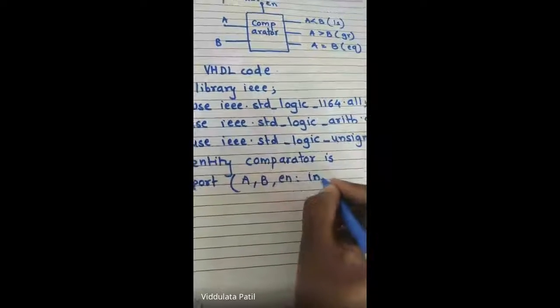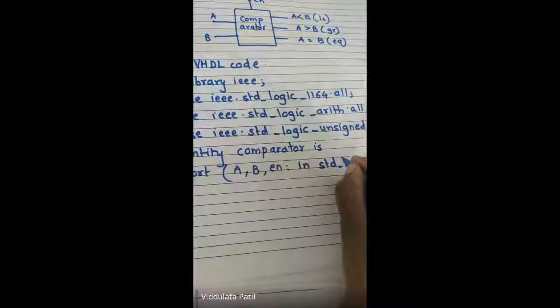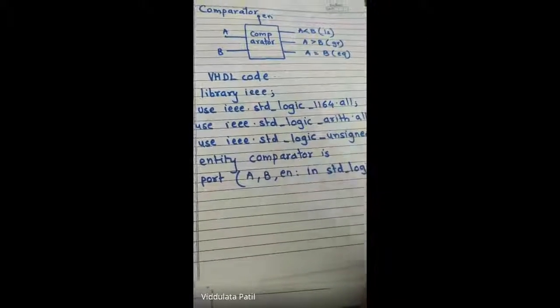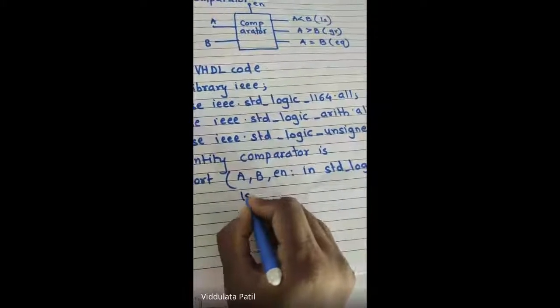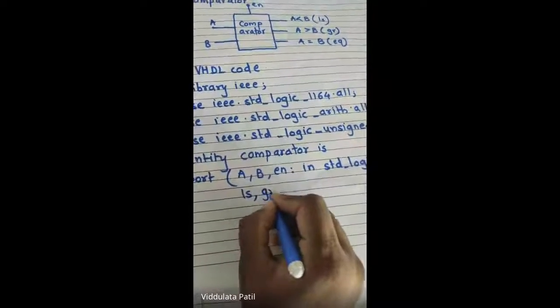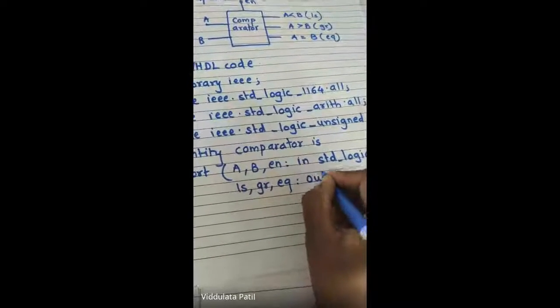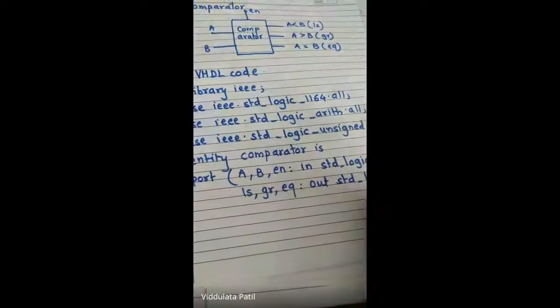All these are inputs, and we will use the data type std_logic, semicolon. Then we have three outputs, LS, GR, EQ. All these are outputs and of the type std_logic.